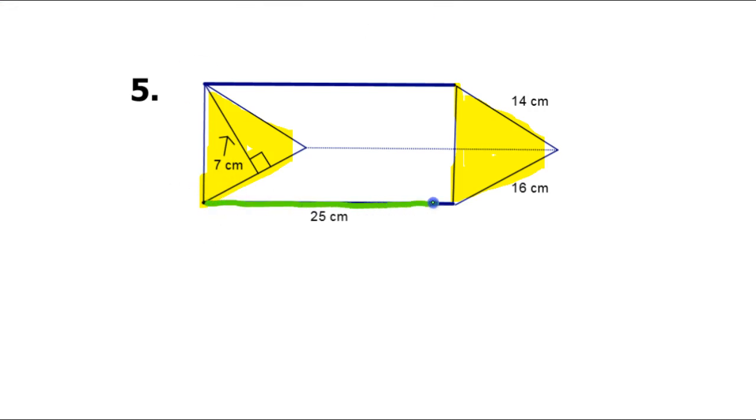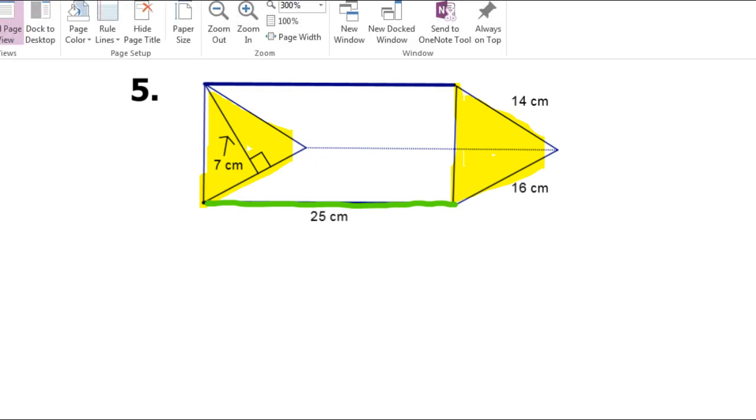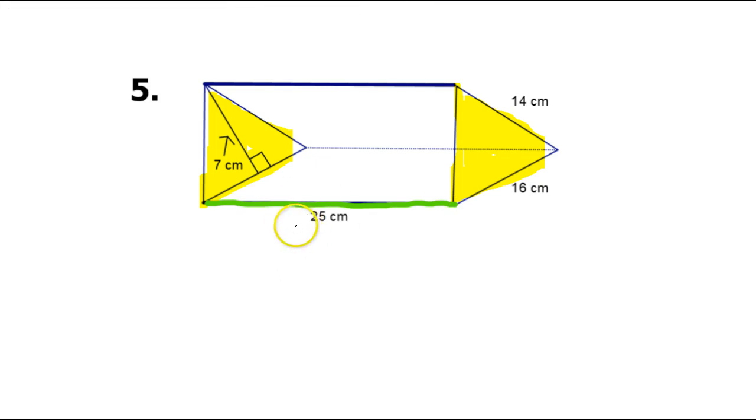So this distance right here that I just colored in green, please understand that this is the height of the prism. Now, the formula for the volume of a prism is this. Volume is the area of the base times the height. So the first thing I need to do is calculate the area of the base.